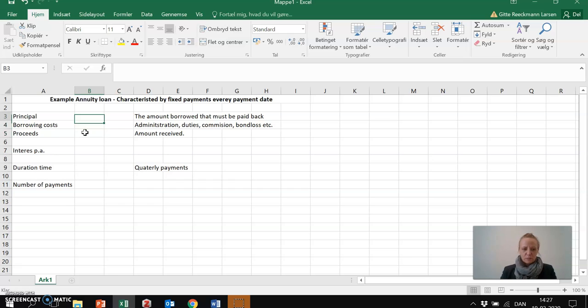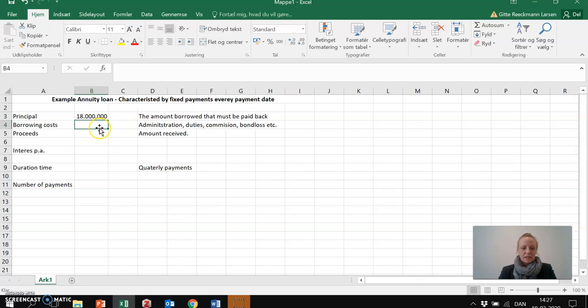All right, so let's put some numbers to this. The principal here, that the company needs to pay back in this example, is 18 million. The borrowing costs are 200,000, meaning that the principal minus the borrowing costs, the proceeds, are 17,800,000. So from the 18 million that the company borrows, it will receive 17,800,000.